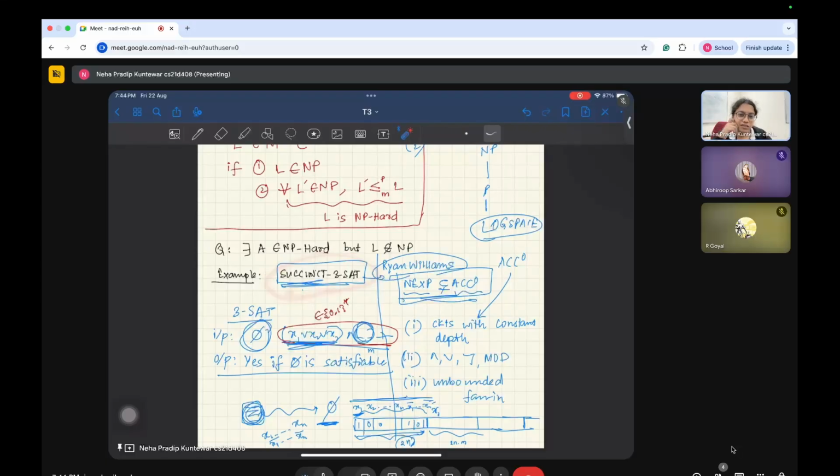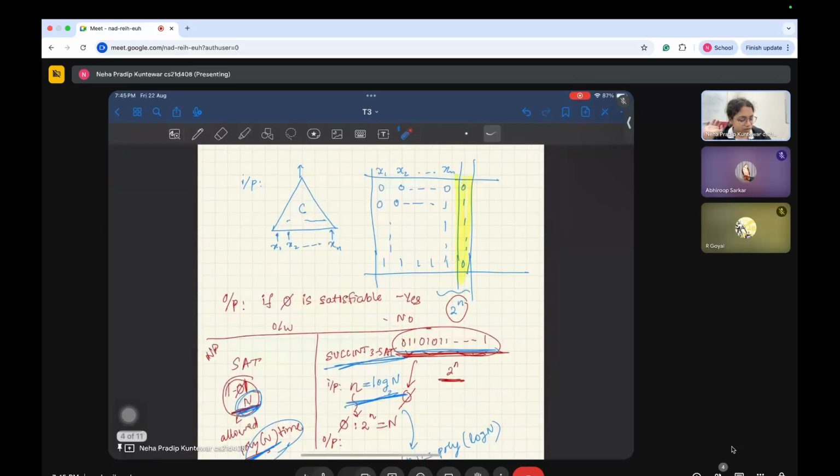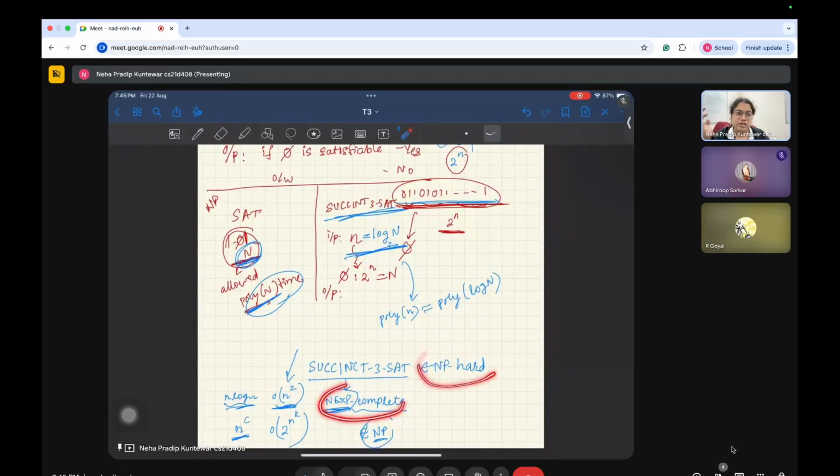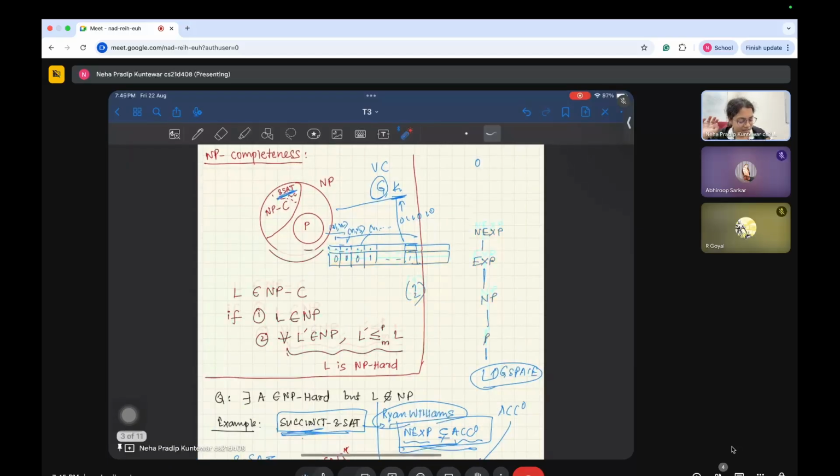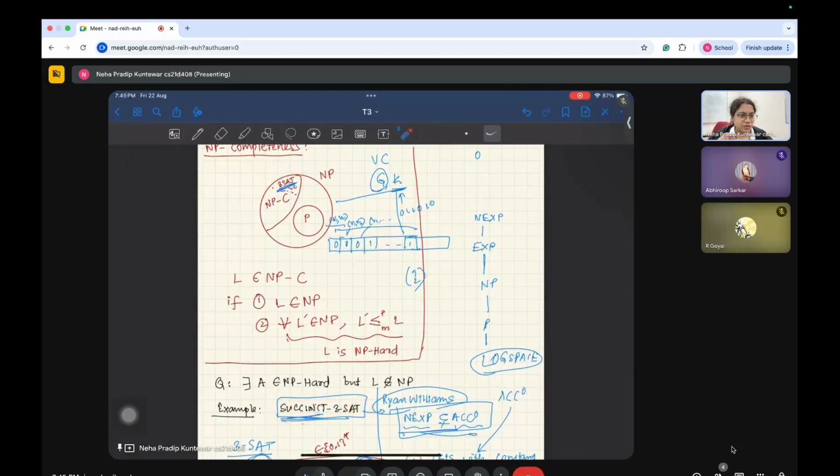We saw this succinct 3 SAT problem, where instead of giving you the explicit formula phi, we give you a very succinct representation, which makes the problem harder because you have less time now. That's how we saw that this is actually hard for NP, although we did not see a proof, just a reasoning for that. There are a lot of things we are hiding here because it's a long proof, but the takeaway is that here is one language which satisfies these properties. Yes, thanks. It is clear to me.